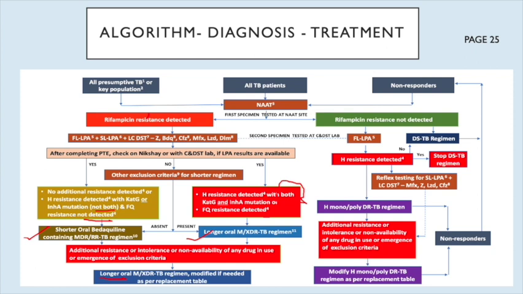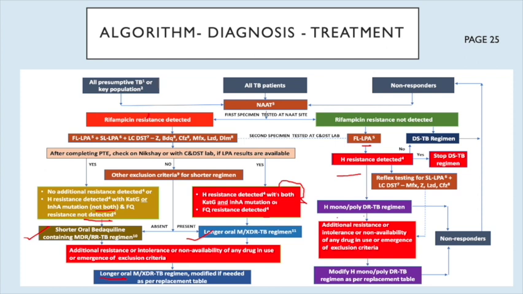Now, this is for patients who are resistant. What if our patient is drug sensitive? If our patient is drug sensitive, we still send a sample for an LPA if he's sensitive to rifampicin, and if the LPA now detects INH resistance, we treat him with an H-mono or poly-drug resistant TB regimen.